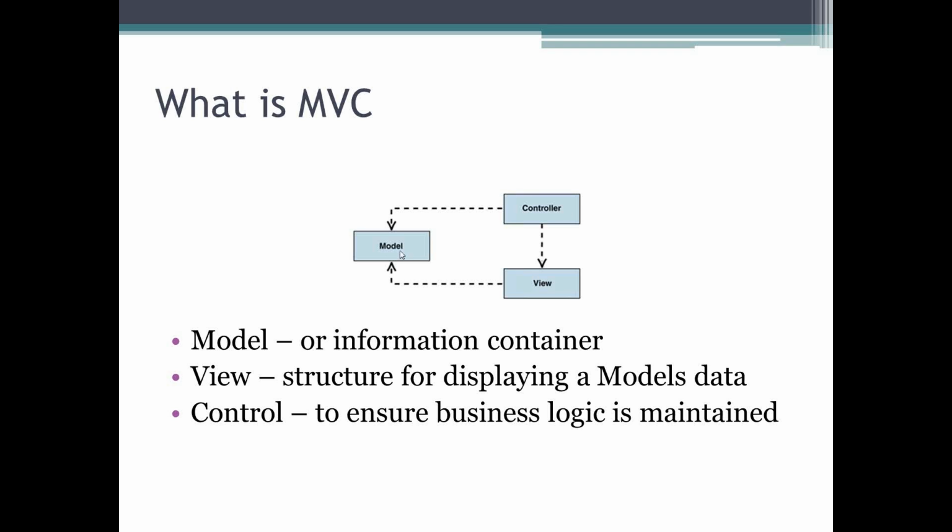Information generally comes from the model, or the controller calls the database or whatever, populates the model, and then passes it into the view, where the user interacts with the model as displayed in the view, changes the information, does whatever to it. Whatever interaction they have with the model is then populated and sent back to the controller for the most part, where the controller decides what logic to handle with it.